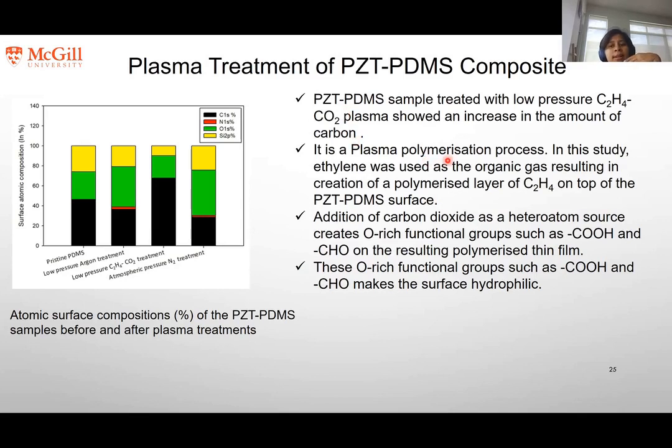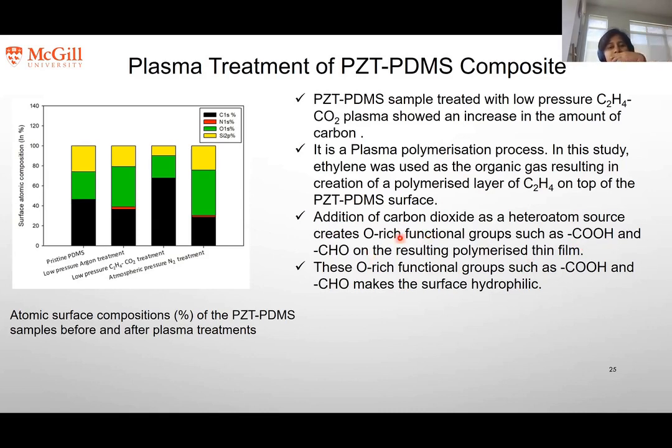Ethylene is an organic gas, and when we do a plasma polymerization process, we create a polymerized layer of ethylene on top of the PZT-PDMS surface. Then after we add the carbon dioxide, it works as a heteroatom source and creates oxygen-rich functional groups, like COOH and CHO.